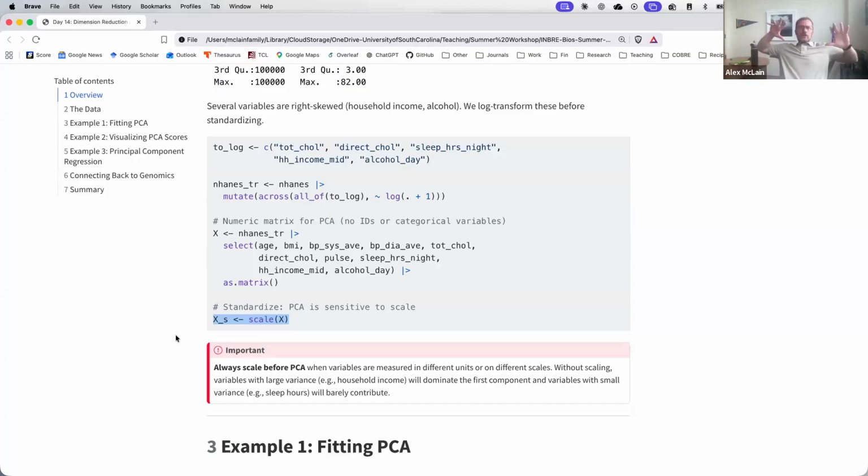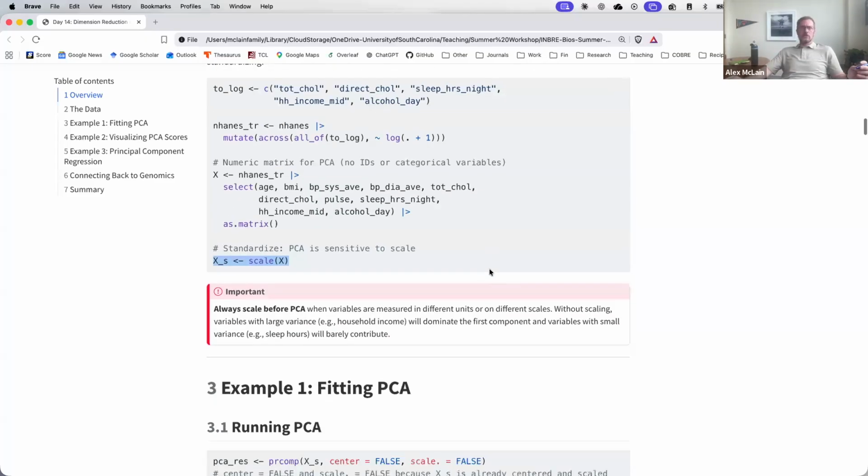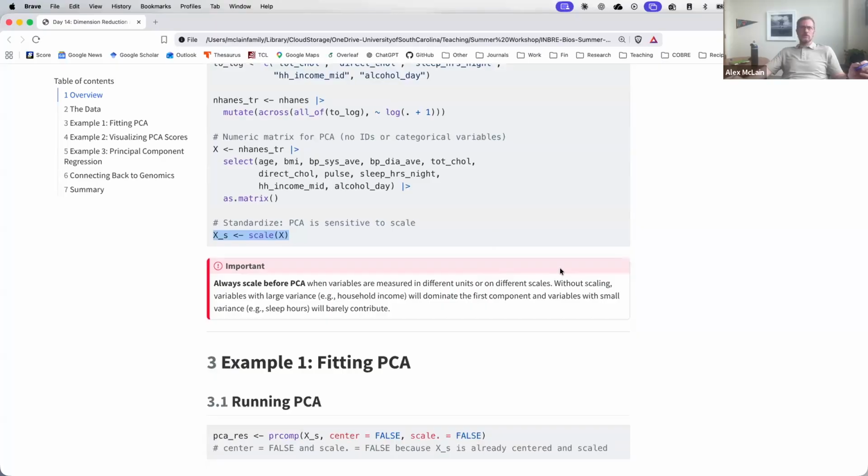Well, the first principal component that we get is going to explain most of the variation. If one of our variables has way more variation than the others, it's going to say, well, I'm going to explain that variable. So if we scale it, then all the variables have the same variance, so it gets rid of that issue. Any questions so far?